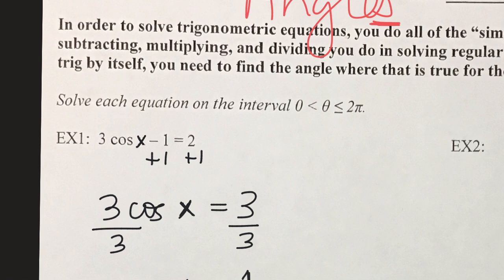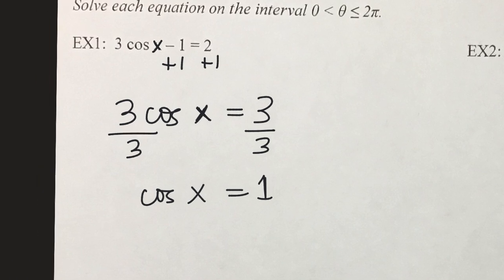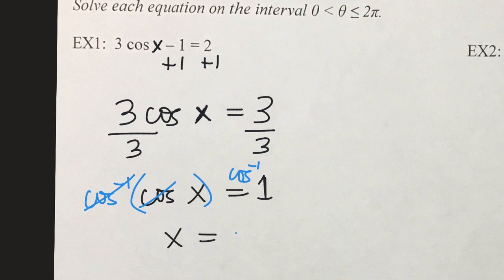And then our last step is to get the cosine away from the x, and we always do that by taking the inverse cosine, or the inverse trig. That's how you get x by itself. That's how we isolate your variable, by taking the inverse trig, in this case the inverse cosine, of both sides.